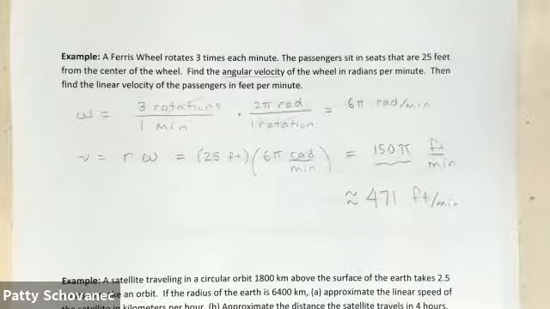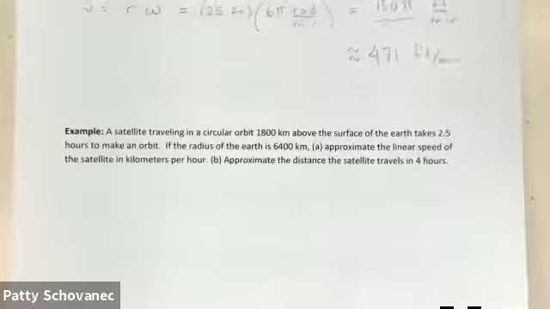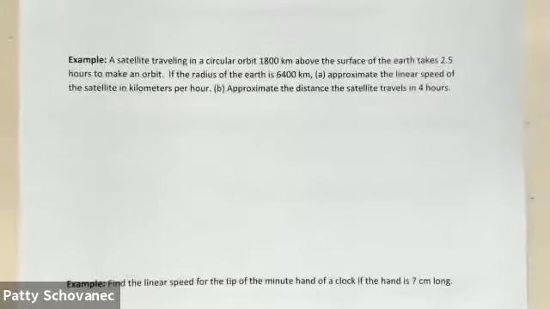Let's do the same thing with a satellite here. A satellite traveling in a circular orbit, 1,800 kilometers above the surface of the Earth, takes 2.5 hours to make the orbit. If the radius of the Earth is 6,400 kilometers, approximate the linear speed of the satellite in kilometers per hour, and then find the distance the satellite travels in 4 hours.